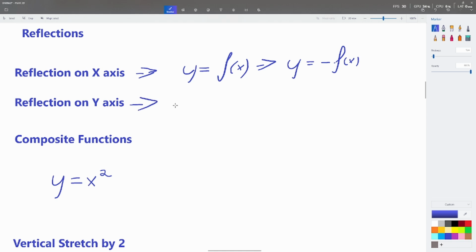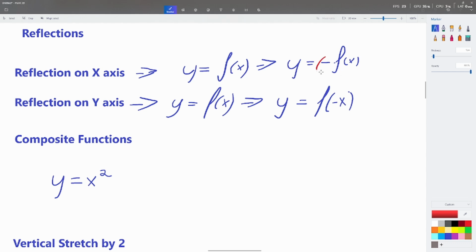It's a bit more tricky on the y-axis, as a lot of you haven't learned this before, and it's not something that you definitely should have learned. So you will have y is equal to f(x), this is your normal function. However, what if you want to reflect it on the y-axis and not the x-axis? Then you put a minus in front of x, so f of minus x. So what is the difference?